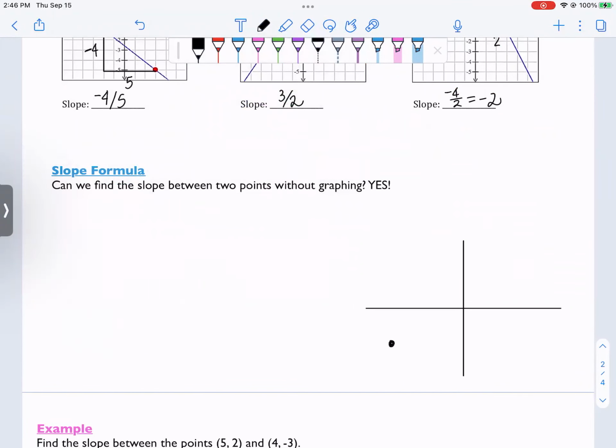So I have a point here and I'll have a point here. I'm going to call this generically x1, y1, and this point up here, x2, y2. We said that slope is equal to rise over run. We said that that was the same thing as change in y values over change in x values.